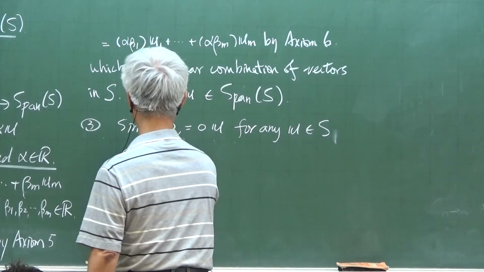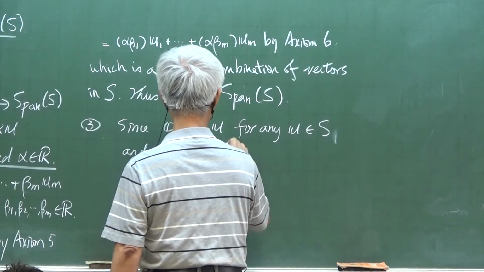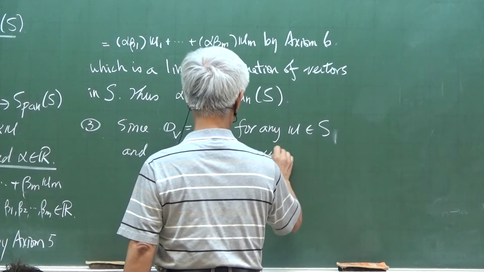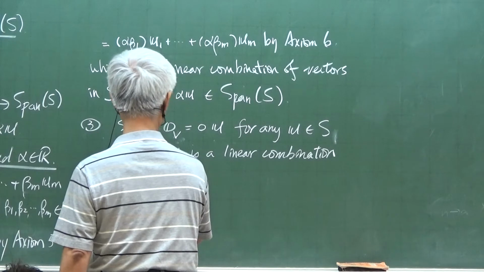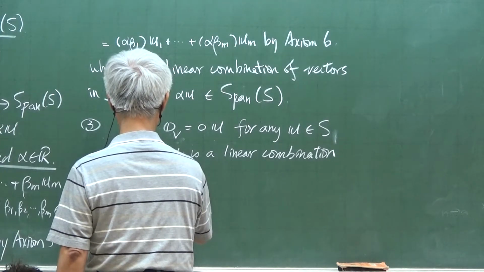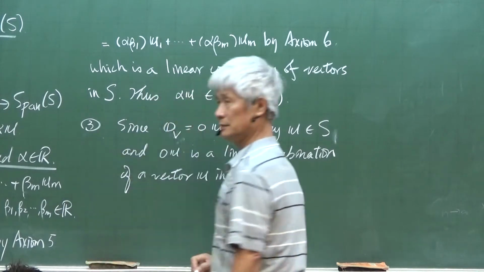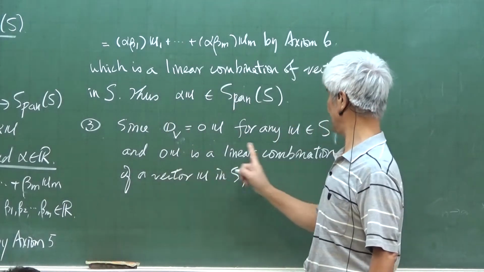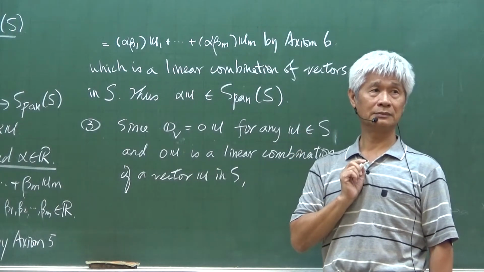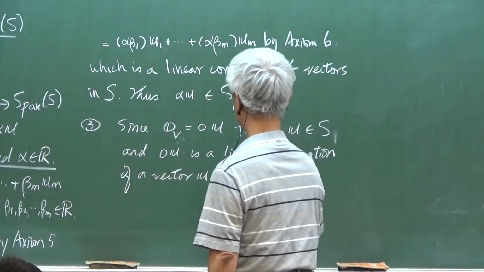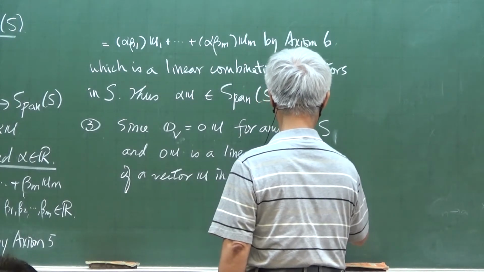And 0 times u is a linear combination of a vector u in S. Because this is a scalar, this is a vector in S. So it's a linear combination with only one term. Okay? So that we say that it's in the span of S.